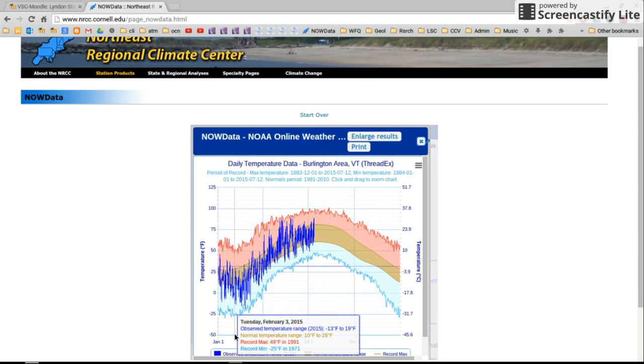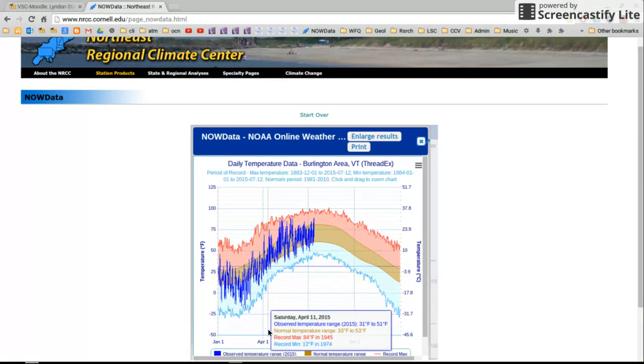What you see over here is that for much of February and March, temperatures were actually cooler than normal. And you'll recall that we had a very late spring this year, or somewhat late spring. Once you get into April and May, you'll notice that temperatures are closer to normal.